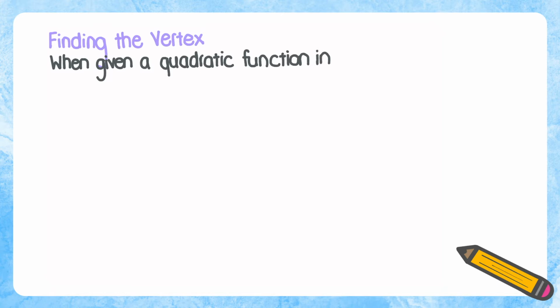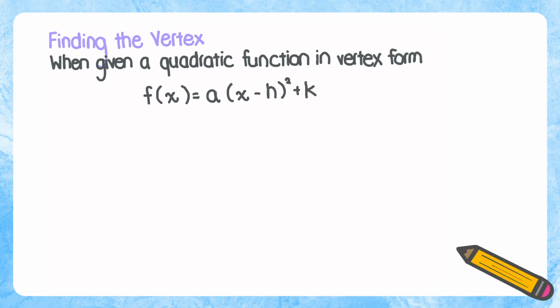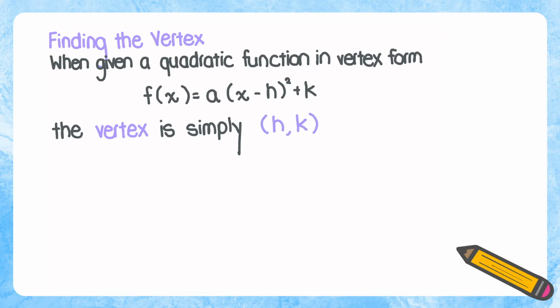When given a quadratic function in vertex form, f of x equals a times x minus h quantity squared plus k, the vertex, the highest or lowest point of the parabola, is simply given by the coordinate h, k. So our vertex is at h, k.